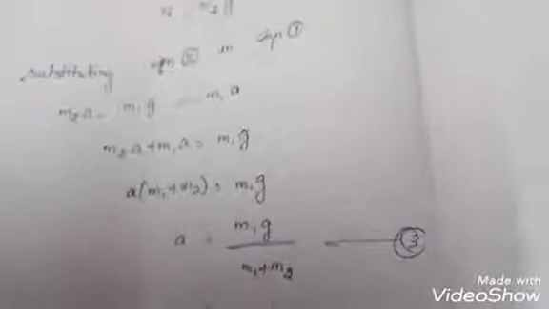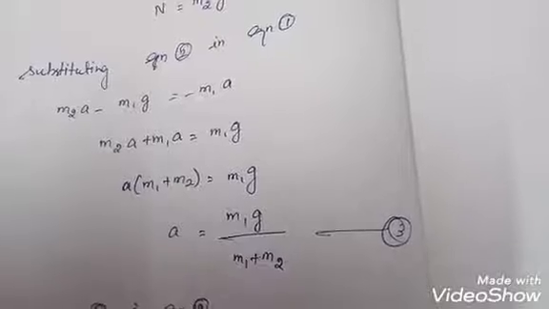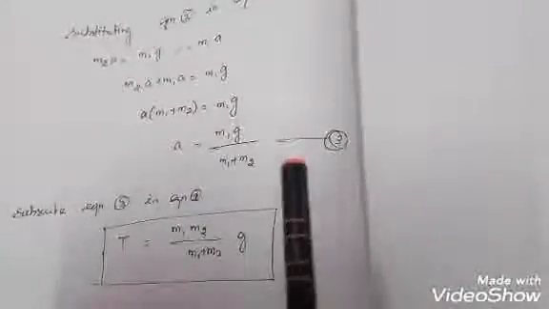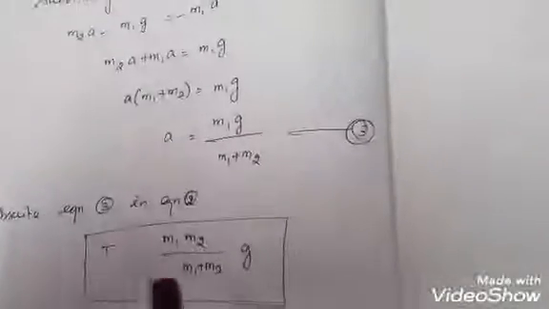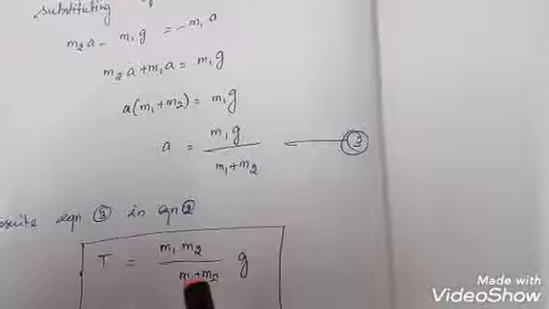We take the common term outside, and now we write the acceleration value. Acceleration a equals m1g divided by m1 plus m2. Substitute equation 3 in equation 2. T equals m2a. So T equals m1 m2 g divided by m1 plus m2.